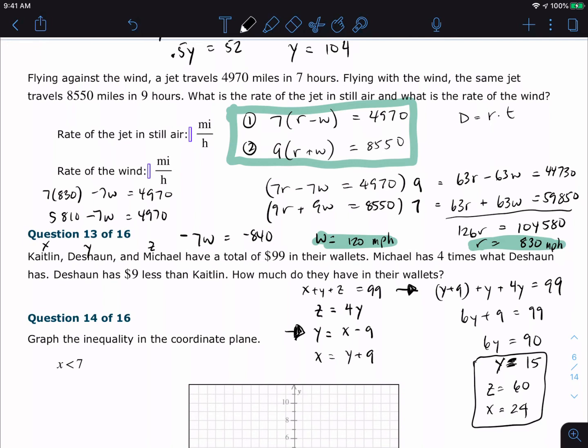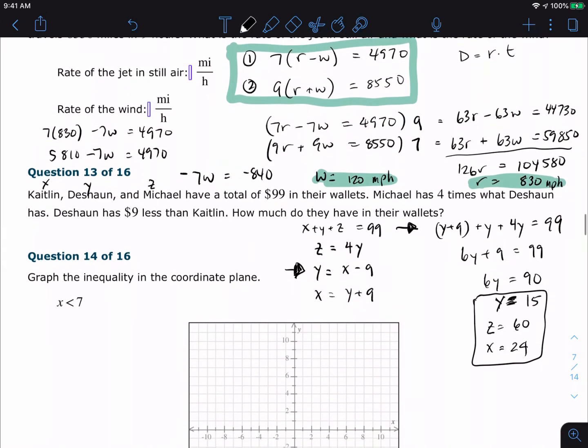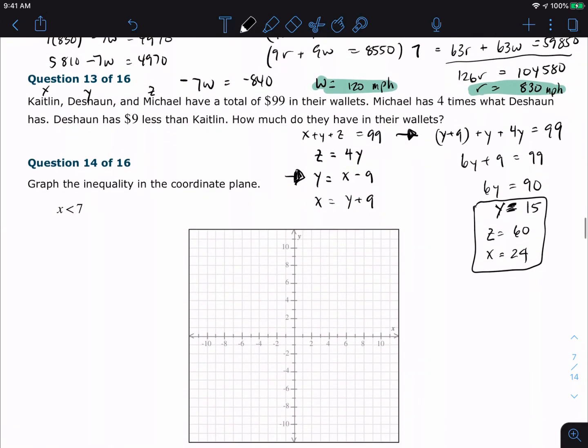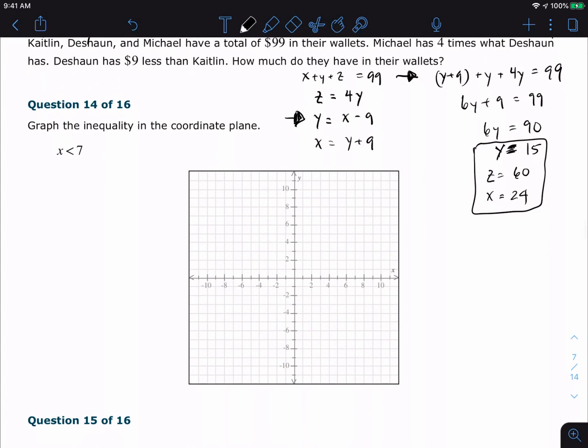All right. Let's go on to number 14. And so 14, if I had x equals 7, we know that that's a vertical line, correct? So that becomes a vertical line. But since it's less than or equal to, it's got to be broken.